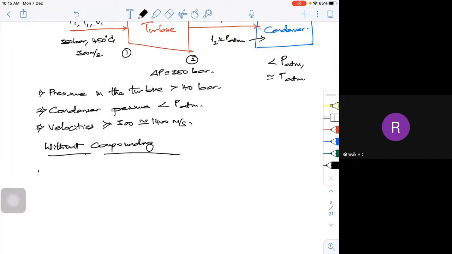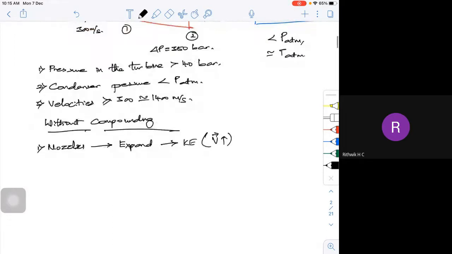The first thing is your nozzles, as I told, will expand the steam to very high velocity, that is your kinetic energy. That means your velocity will be very high.